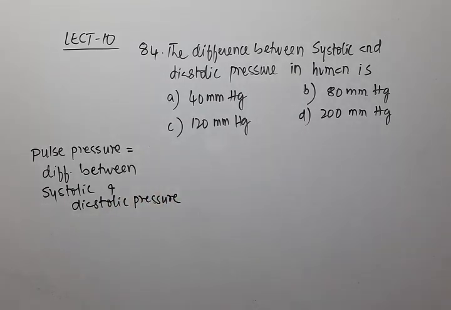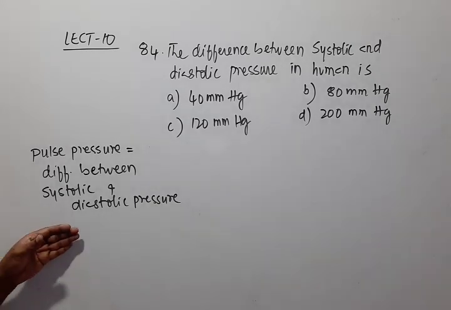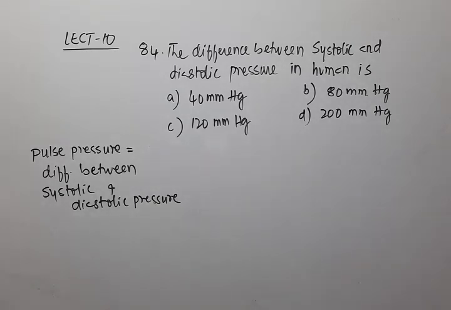So that will be measured in mm of Hg, and this pulse pressure represents the force the heart generates each time it contracts. So that's what we call the pulse pressure.